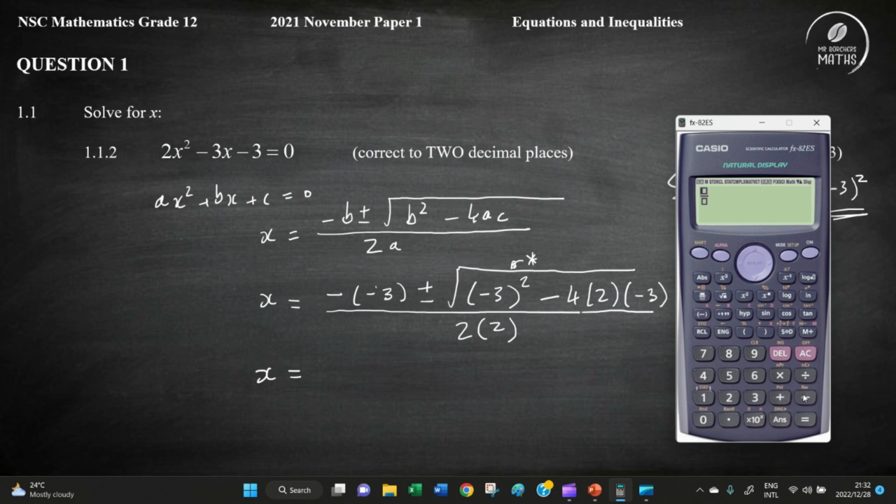So we could have, again, negative 3, or you could just write it as a positive 3, plus the square root of negative 3 squared, minus 4 and a c. So 2. Forgive my slow clicking here.